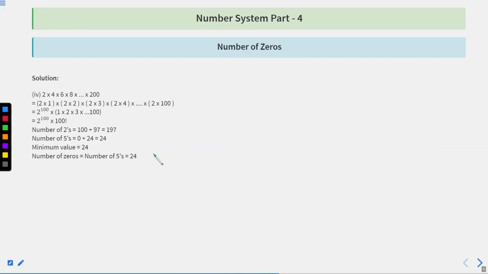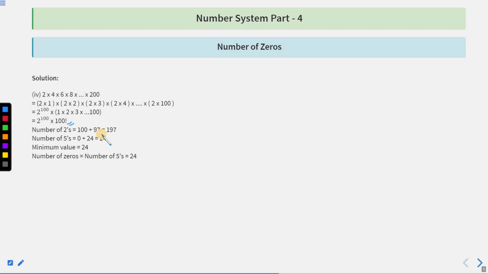Next question. How many zeros are there in 2 into 4 into 6 into 8 into 200? 2 can be written as 2 times 1, 4 as 2 times 2, 6 as 2 times 3, 8 as 2 times 4, and 200 as 2 times 100. Taking out 2 from all of these terms, you will have 2 to the power 100, and the remaining numbers clubbed together give you 1 into 2 into 3 till 100, which is 100 factorial.